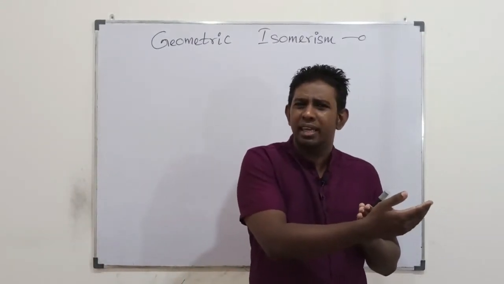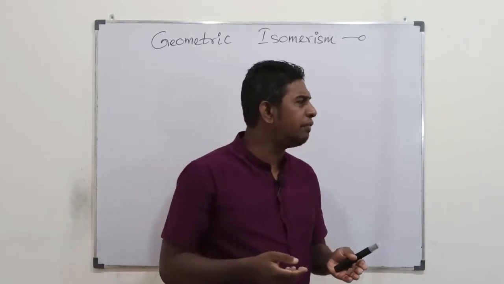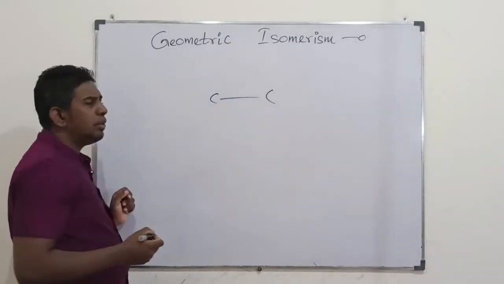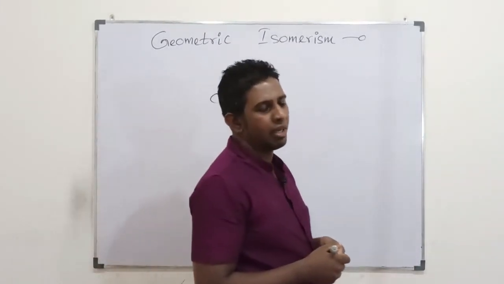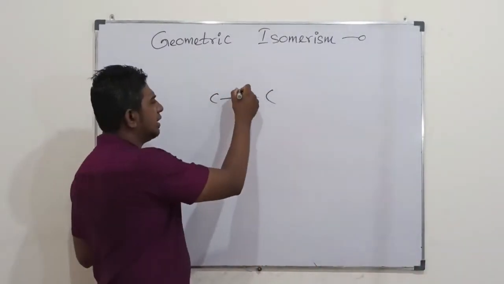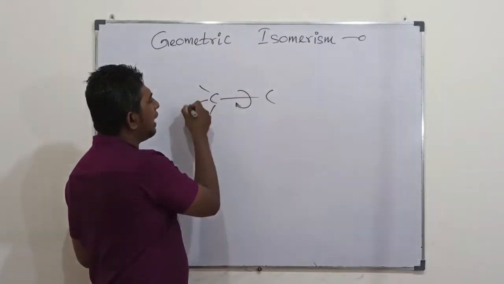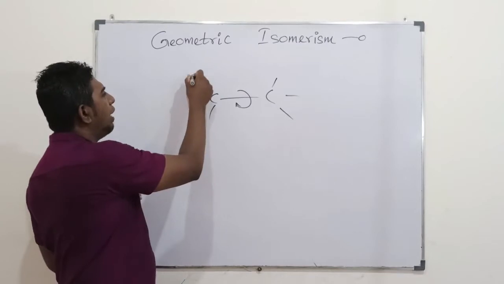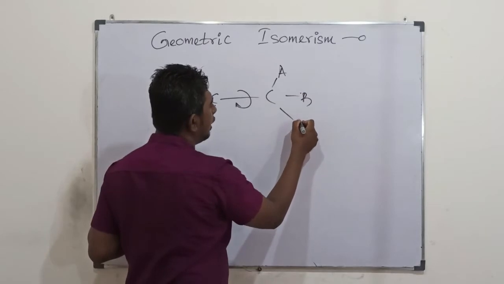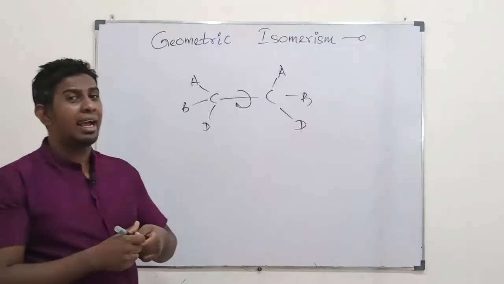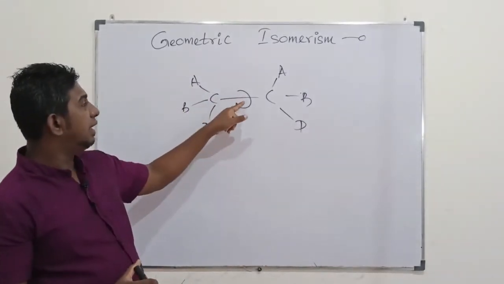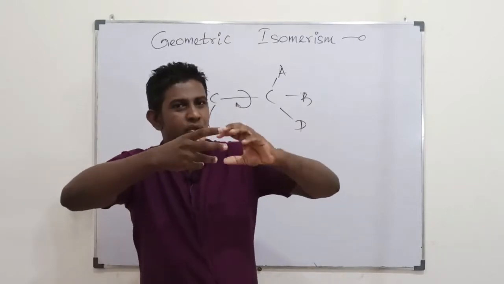Students, let me first briefly introduce this. When you have a carbon-carbon single bond, these two atoms could rotate through the bond axis.